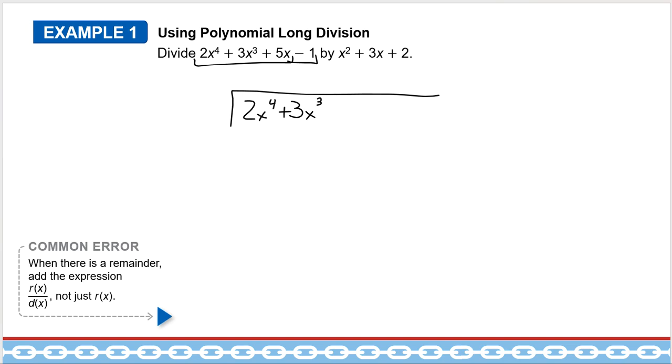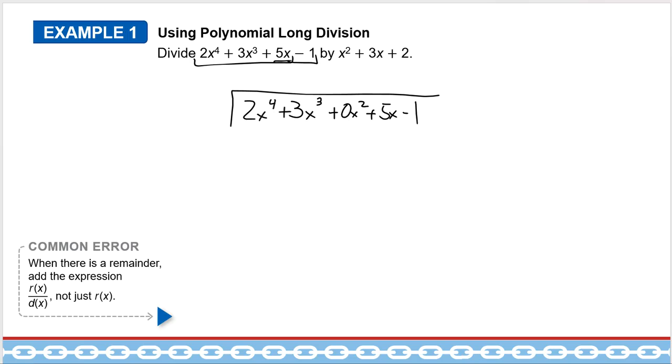So next in the problem is 5x, but I need to write down the 0x squared. There are no x squareds. So 2x to the fourth plus 3x to the third plus 0x squared plus 5x minus 1.